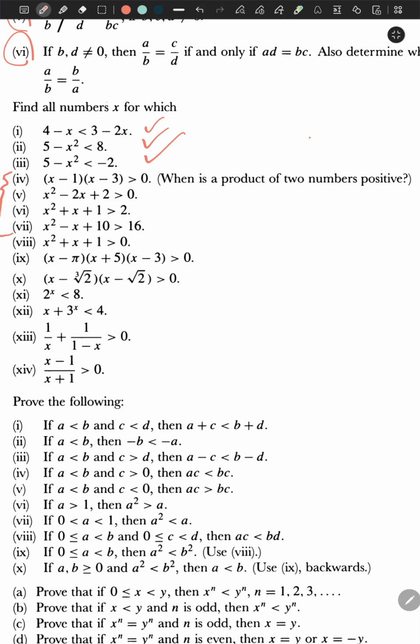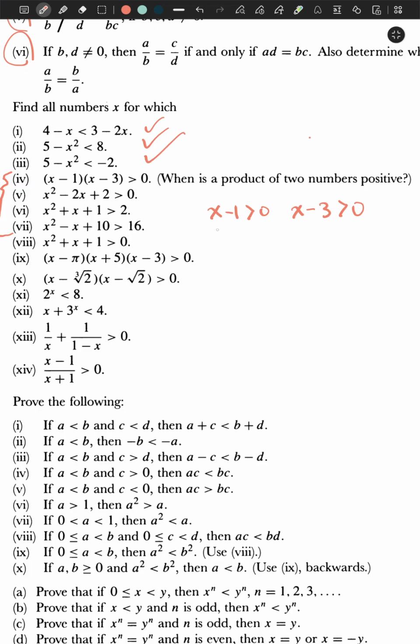So we know that if x > 0 and x − 3 > 0, by closure the product of the two is also greater than 0, right?